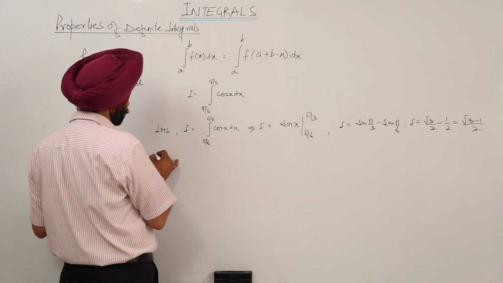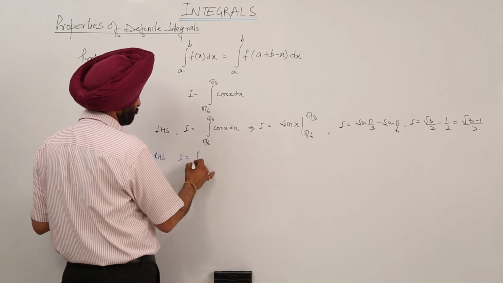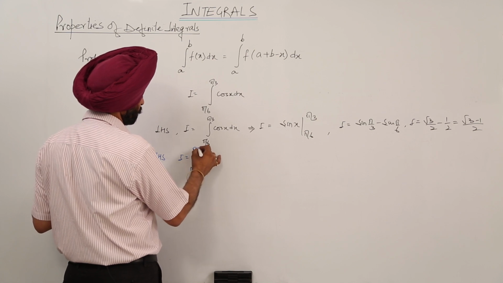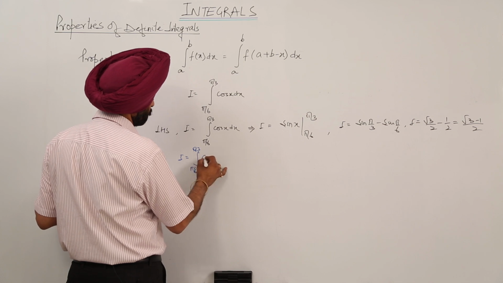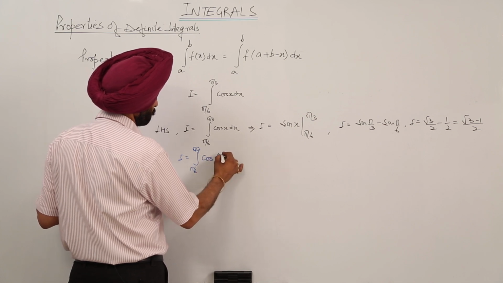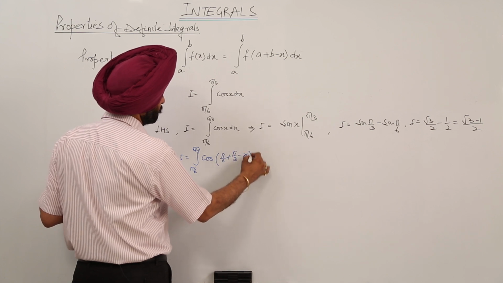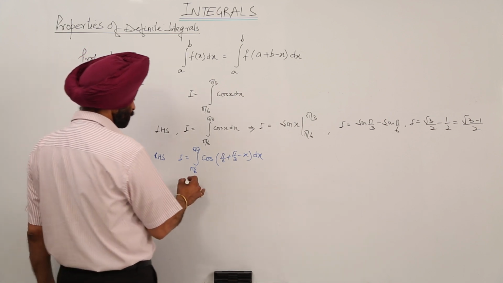Now the right hand side: the integral from pi by 6 to pi by 3 of cos of pi by 6 plus pi by 3 minus x dx. Now what this becomes?